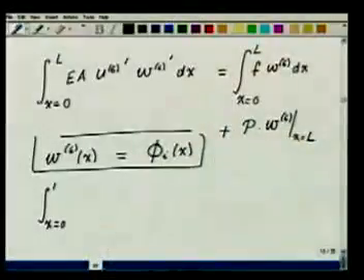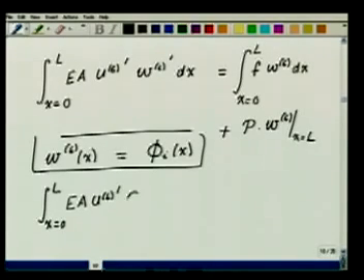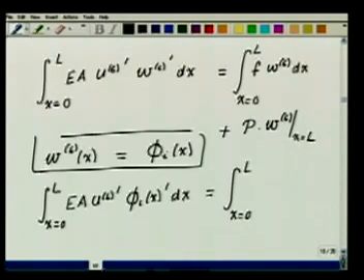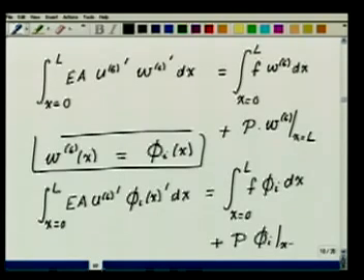So replacing it, we get the integral of EA u6 prime phi i prime is equal to the integral from 0 to L of f phi i dx plus p phi i evaluated at the point x equal to L.